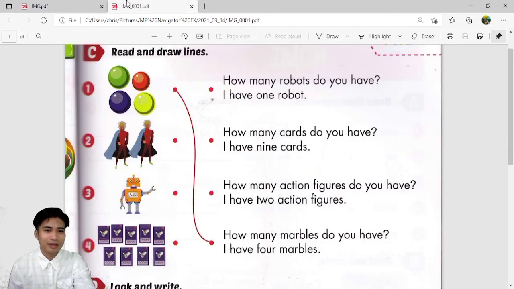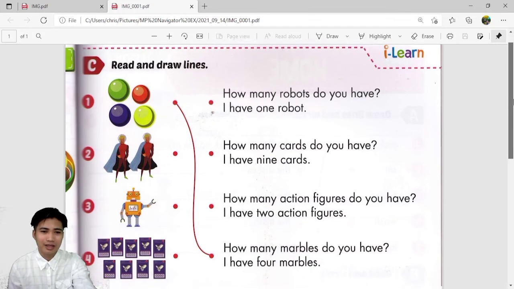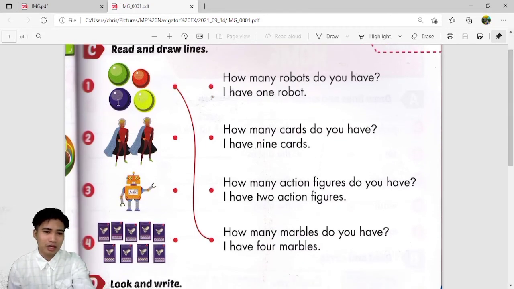For letter C, you're going to read and draw lines to connect them. First, take a look at the pictures: marbles, action figure, robot, and cards. For example, number one: how many marbles do you have? I have four marbles.